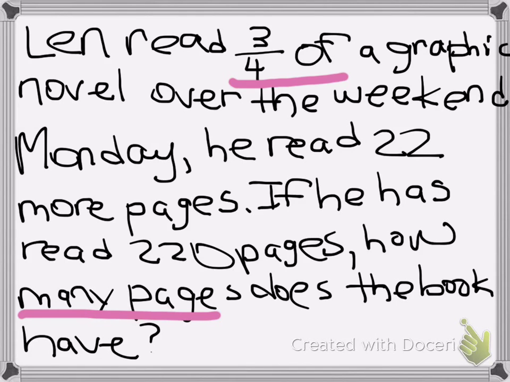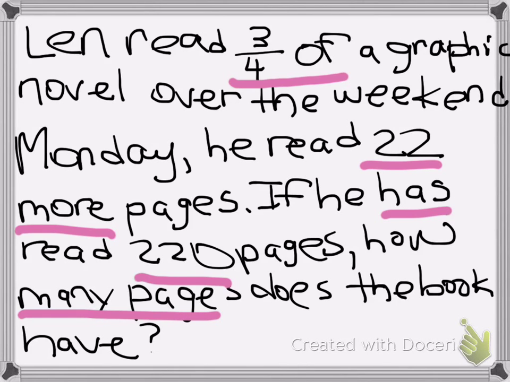Then it says Monday he read 22 more pages. So he read 3/4 of p already. Then he read 22 more. So 22 more, if we're thinking keywords there, that would be plus 22. And then now he's read a total of 220 pages, so that's what we're putting it equal to.